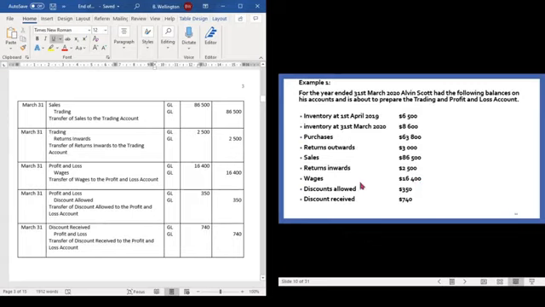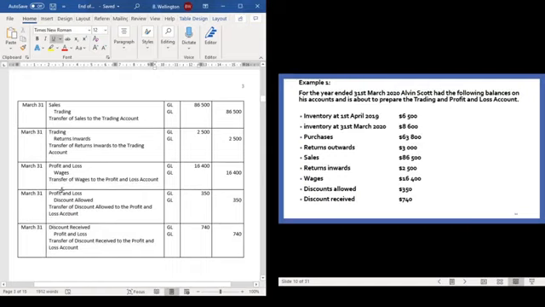Now, wages being an expense will be transferred to the profit and loss account. So you're going to debit the profit and loss account with the $16,400, and you're going to credit wages account with $16,400 to transfer wages to the profit and loss account.